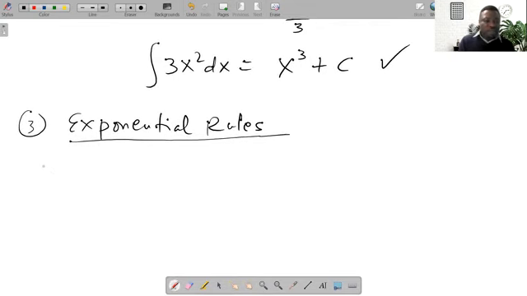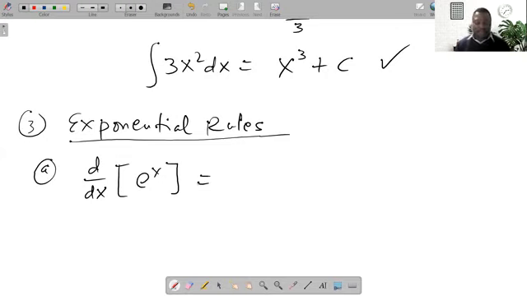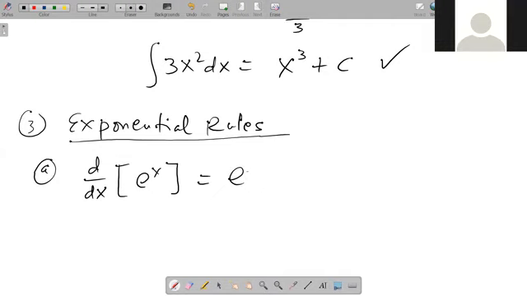Now, the first one I'm going to consider here is e to the x. If I gave you d dx of e to the x, what is that? What is the derivative of e to the x? E to the x. It's the same thing, right?